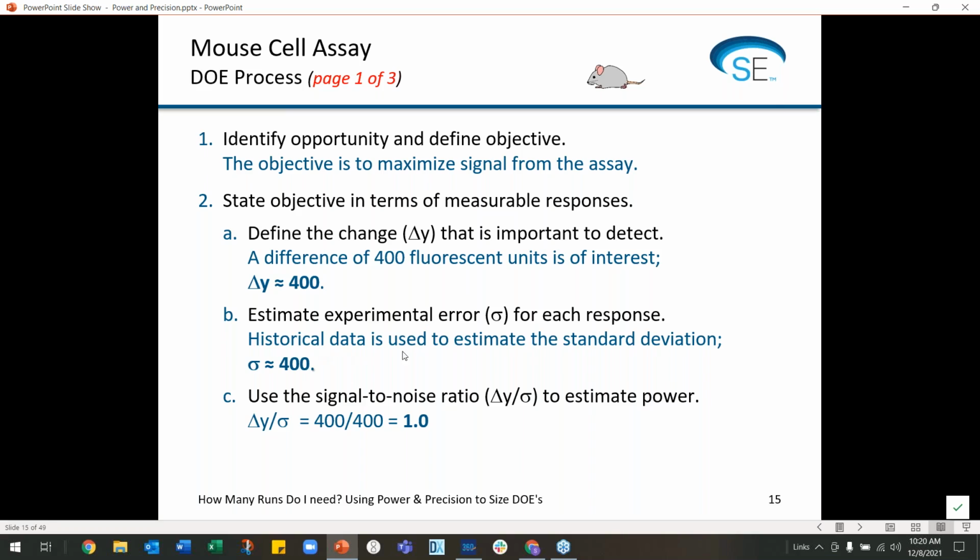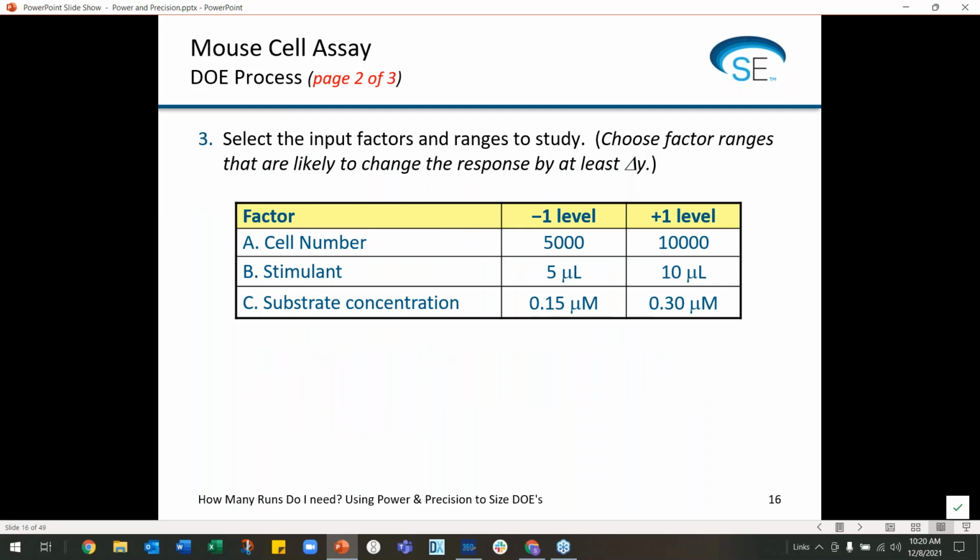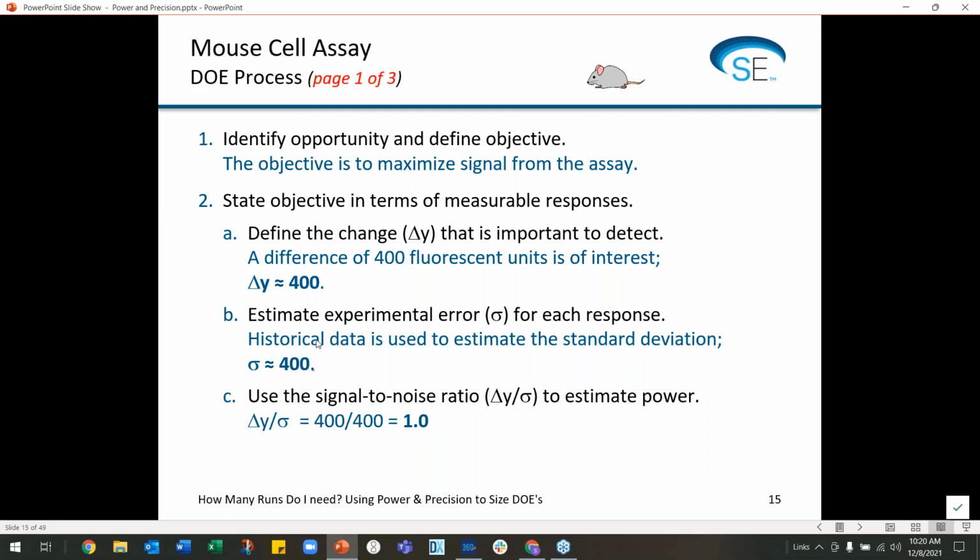Now, unfortunately, historical data is telling us that the standard deviation is also around 400. That means that our signal to noise ratio is about 1, 400 to 400, about 1. When it comes to calculating the power of the design, it's the ratio that's the important thing, not the numbers themselves.